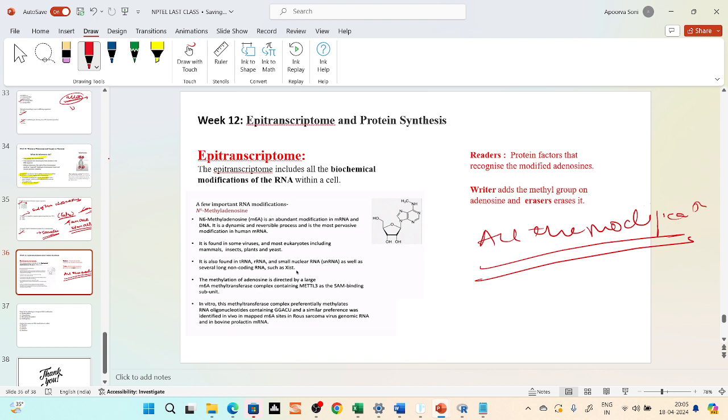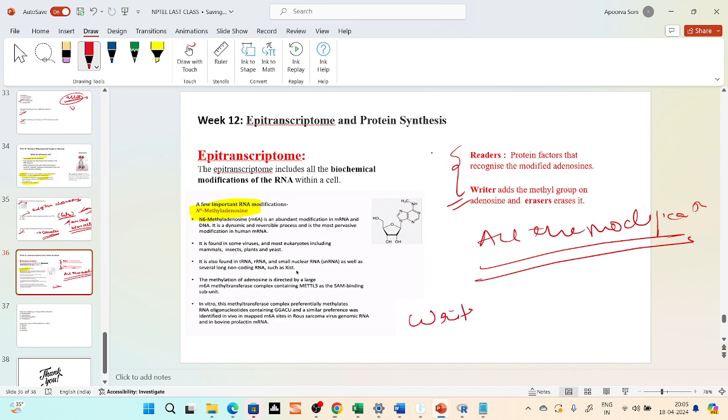Here we have studied one of the very important modifications of the epitranscriptome, that is N6-methyladenosine. This modification can happen because of three kinds of factors: reader, writer, and eraser. We have studied in detail about readers, writers, and erasers. Readers are the factors that recognize the modification.